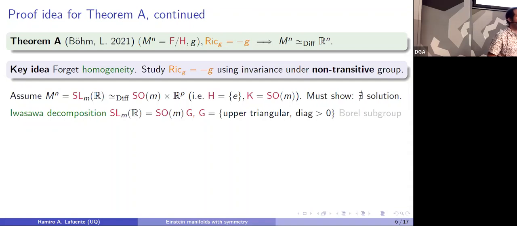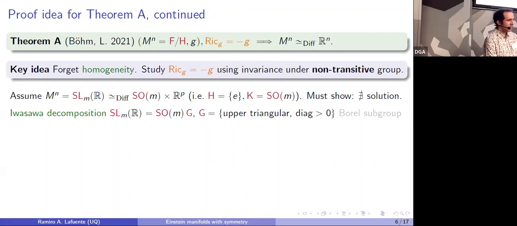I want G. This is the main character of the proof, not character in the sense of representation theory, but the star. And in this case, it's very explicit, right? The set of upper triangular matrices with positive diagonal elements, the Borel subgroup.